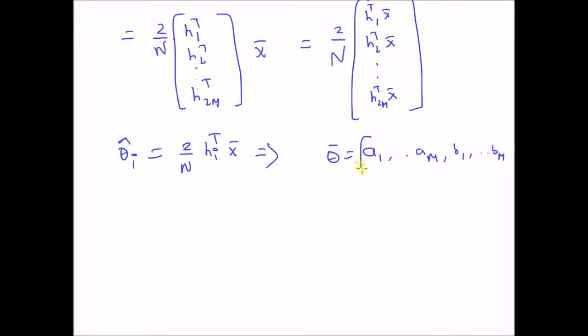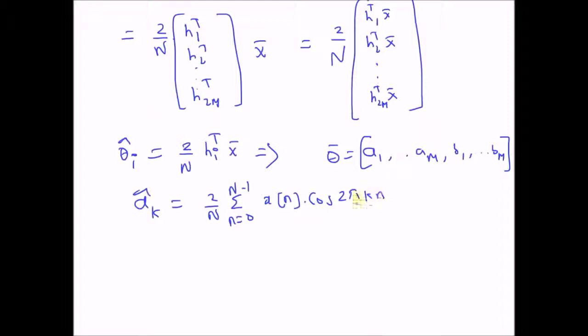So by comparing this vector with the minimum variance unbiased estimator, you can clearly see that ak hat is equal to 2 by N sum n equal to 0 to N minus 1 of x of n, that is, the vector x bar will have the components x of n, multiplied by cosine of 2 pi k n by N. So that is the estimate of the coefficients ak.